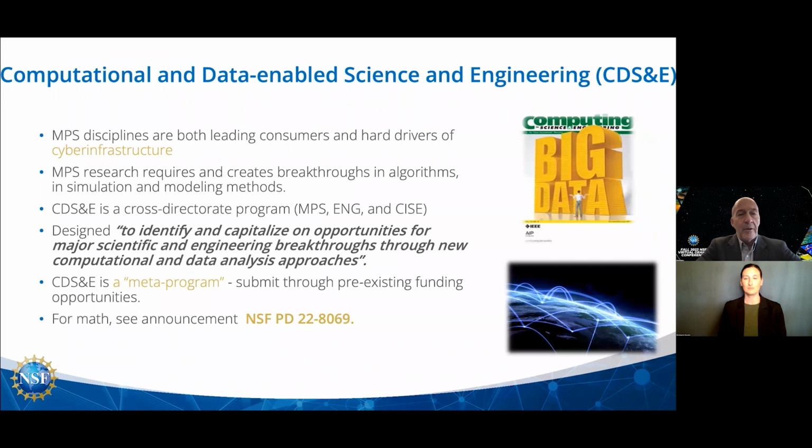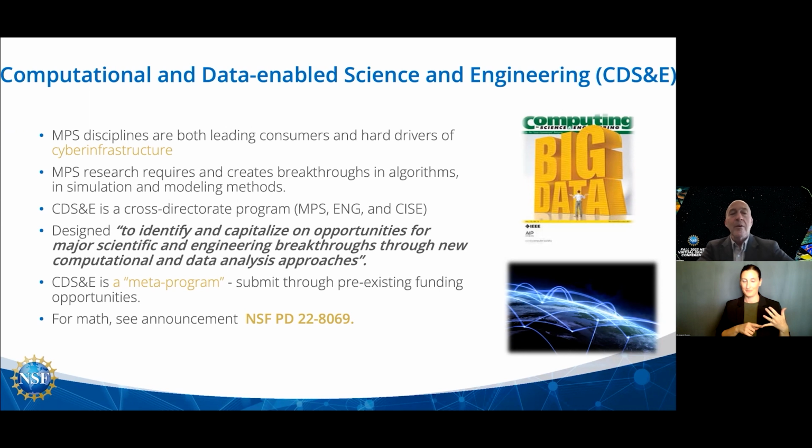All right. Getting a little closer to home for me, there's computational and data-enabled science and engineering. So this is a cross-directorate meta program, again, involving computer science, engineering, and MPS. And okay, this is what it says. It's about computer science and big data, which involves, in particular, mathematics, which is the bullet point at the bottom.